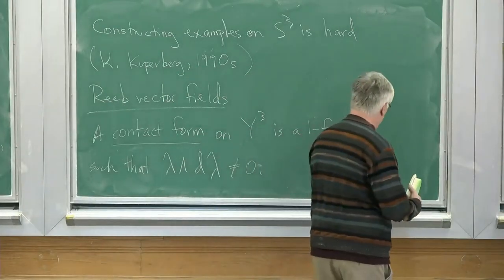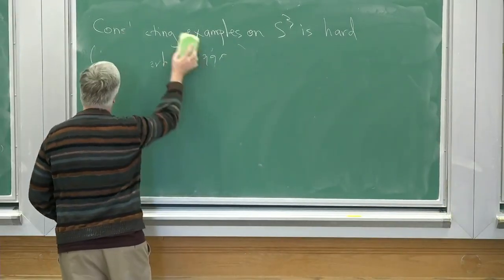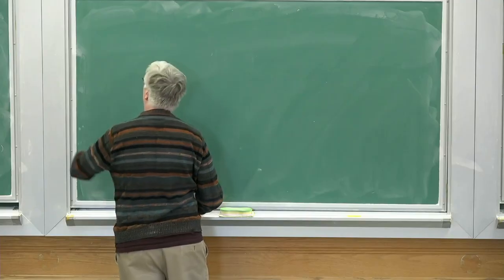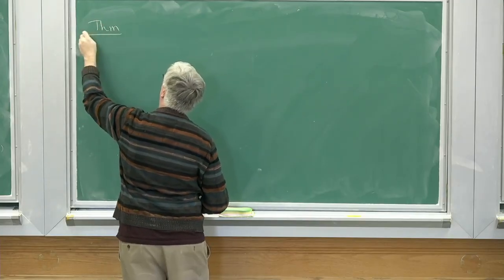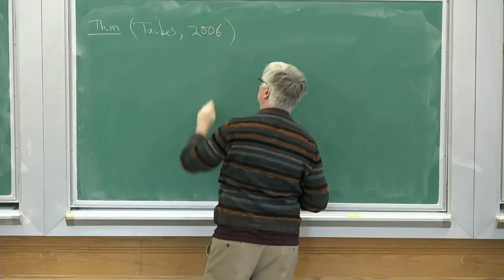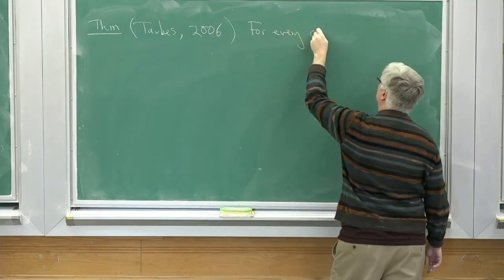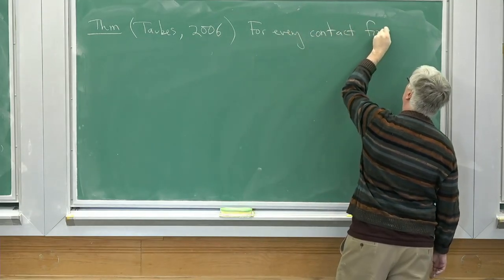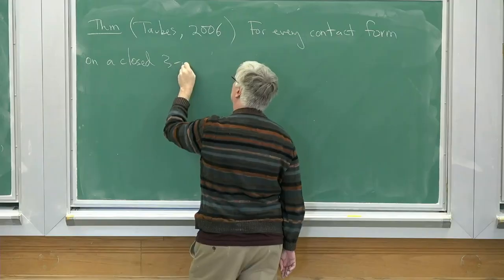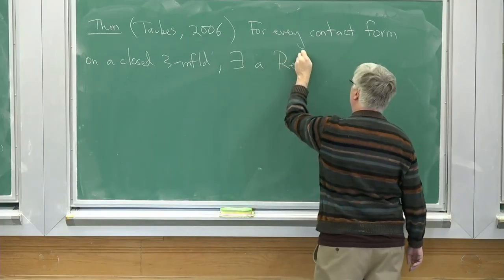All right, so let's take some theorems. The theorem of Taubes, 2006, says that for every contact form on a closed three-manifold, there exists a Reeb orbit.